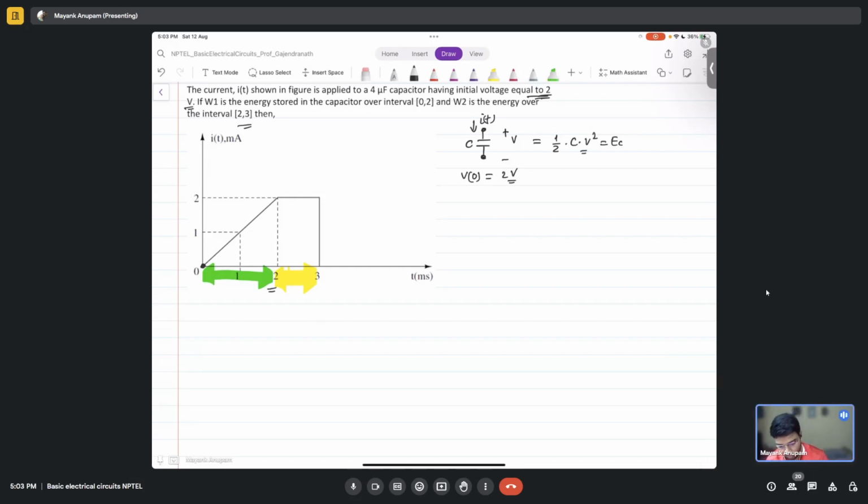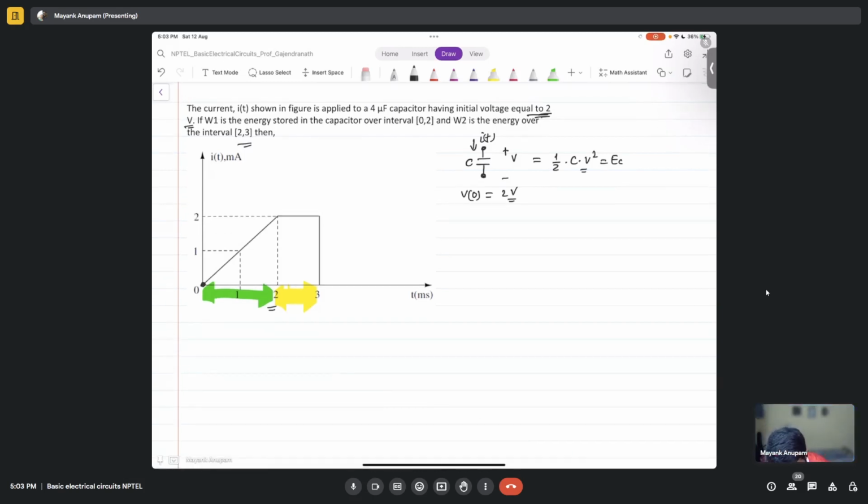So energy stored will be V is equal to C integration I dt plus V0.